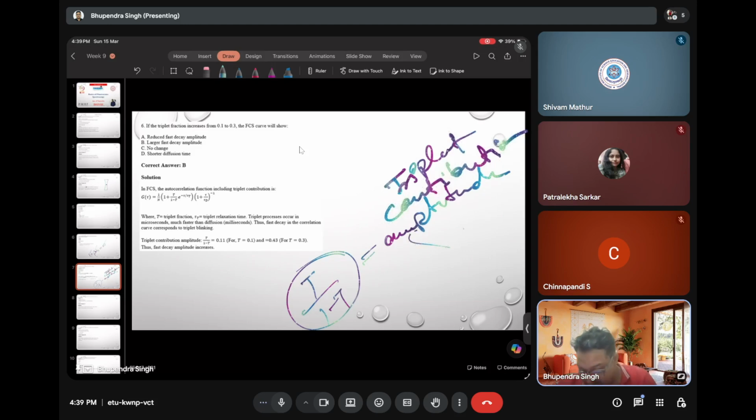And T here is your triplet fraction. That's it. So I guess for option B, as I've already explained, there should not be any problem.